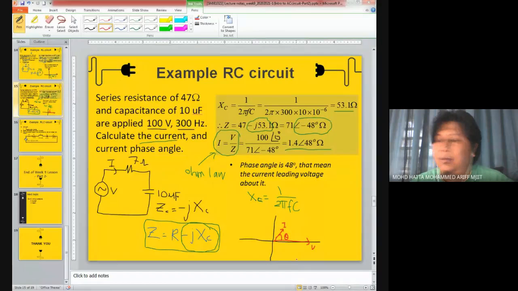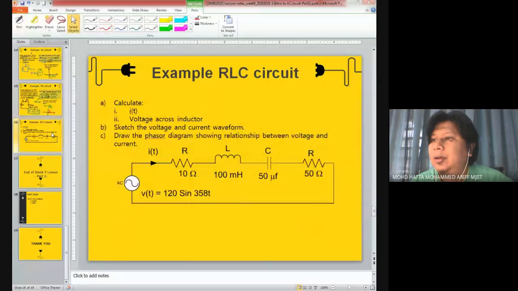So again, it is better that you redraw the graphical representation of voltage and current vectors in order to easily evaluate the relationship between voltage and current. This is something you might see in your assessment: a combination of R, L, and C circuit.